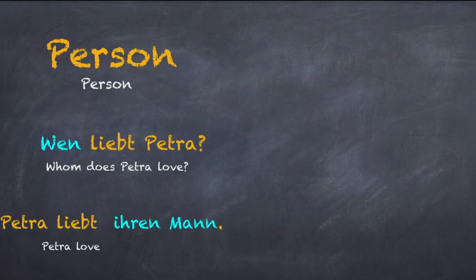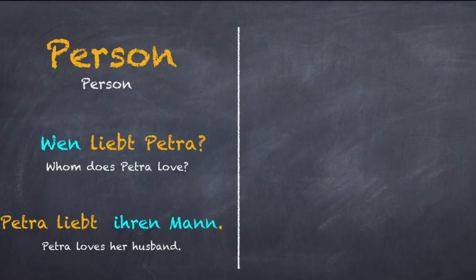Wen liebt Petra? Petra liebt ihren Mann. The object here is ihren Mann, which is an accusative. So the question is, wen liebt Petra? If the question is wen, then the answer will be in accusative and the object will be a person.